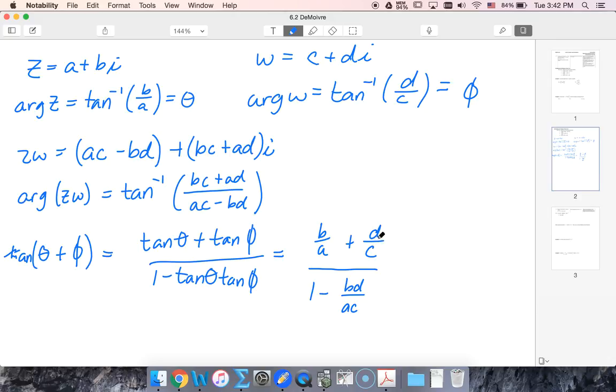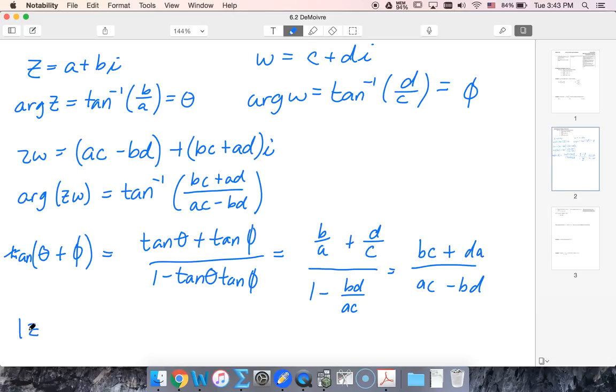So if I multiply top and bottom by ac, the a's are going to cancel, so I'll get bc, c's will cancel, I'll get da, over ac minus bd. But of course, that is the argument of this. So now I've proven that if I have the product of complex numbers, the argument will be the sum of the separate arguments. Let's look at the magnitudes.